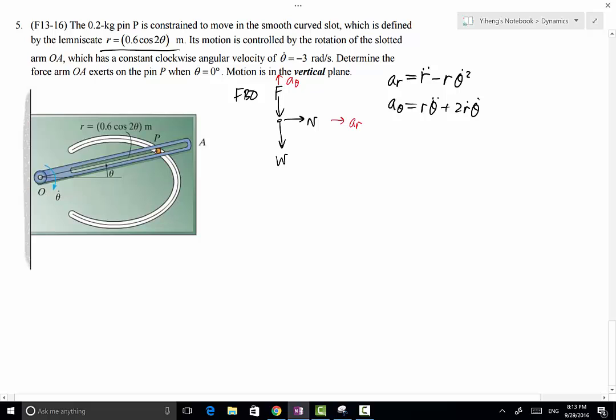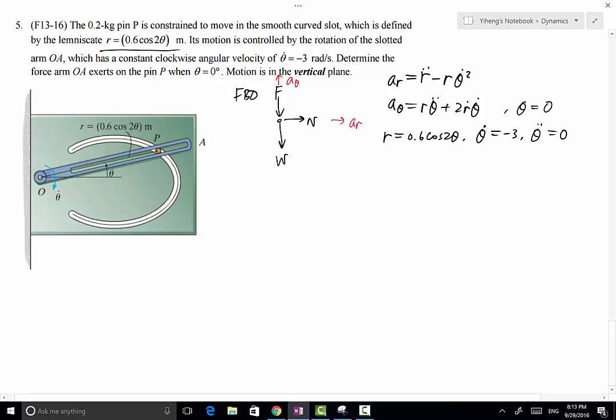So what we know is r equals 0.6 cosine 2 theta, as well as theta dot equals -3, which means that theta double dot equals 0. And we know that theta equals 0 degree, which is the same as 0 radian.